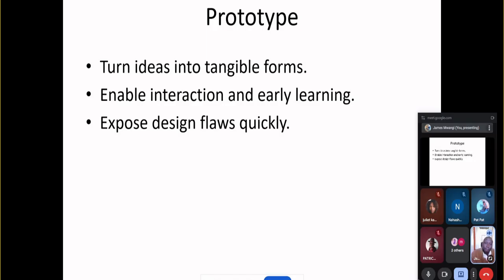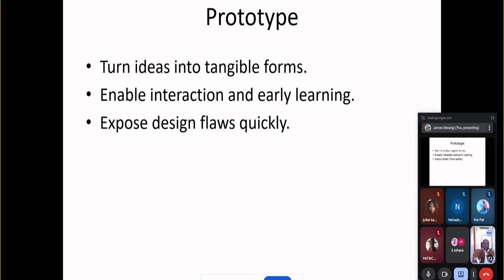Then the next one, after you have ideated, to ideate is to expand your solution space so that you have very many solutions and then you come up with the best one of them. You prototype, you turn your ideas into tangible forms so that you iterate.